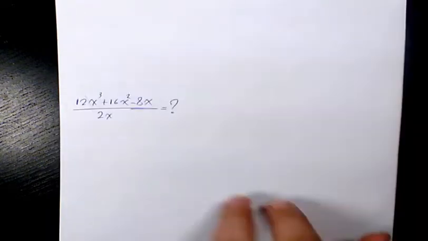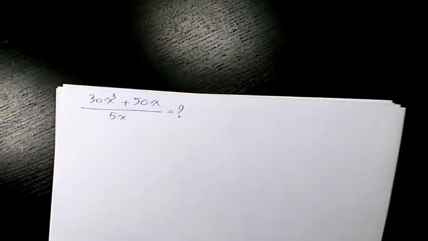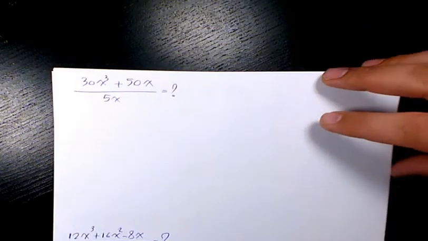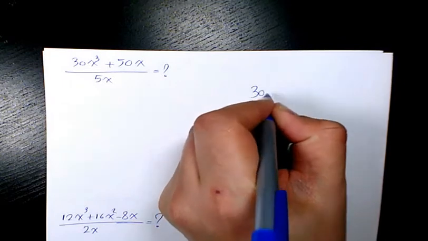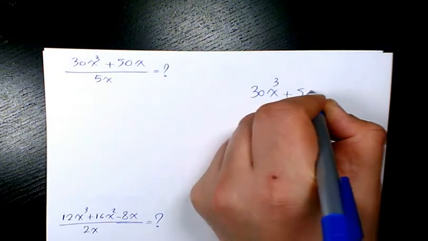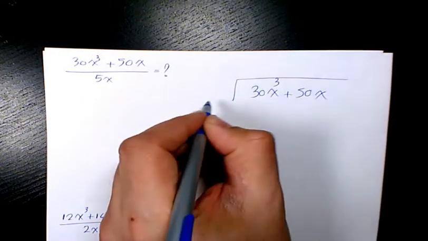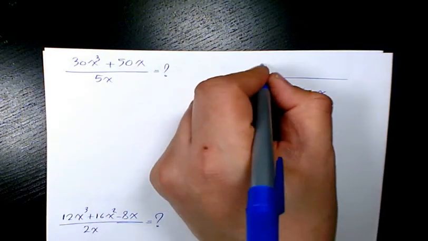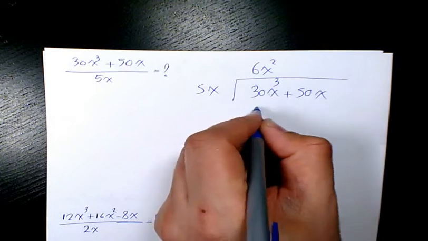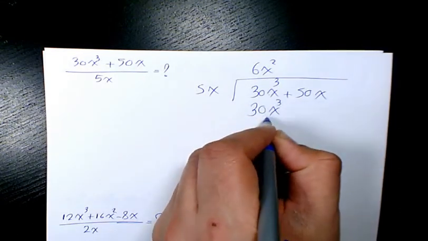Next one, we have 30x cubed plus 50x divided by 5x. So this divided by this one is going to be 6x squared. Multiply that, it is going to be 30x cubed.